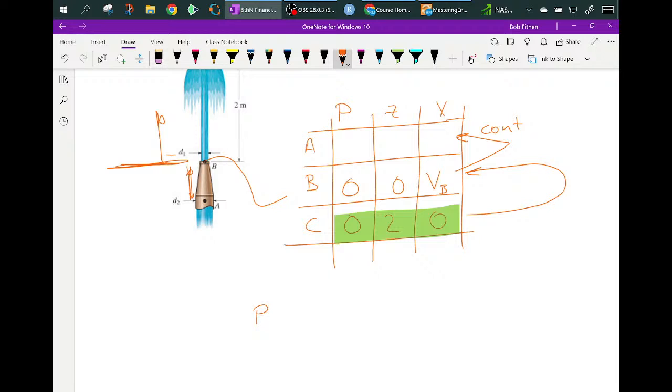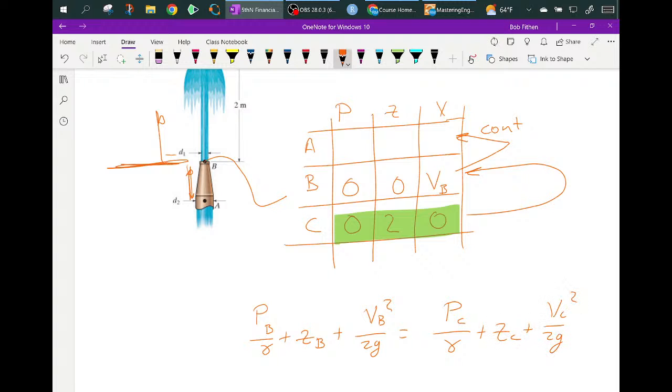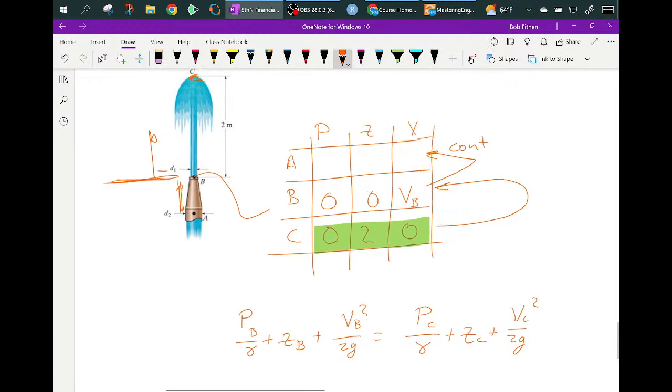So basically I would say PB over gamma plus ZB plus VB squared over 2G is equal to PC over gamma plus ZC plus VC squared over 2G. Okay, so we're looking at nothing, nothing, and 2. No pressure, no elevation.